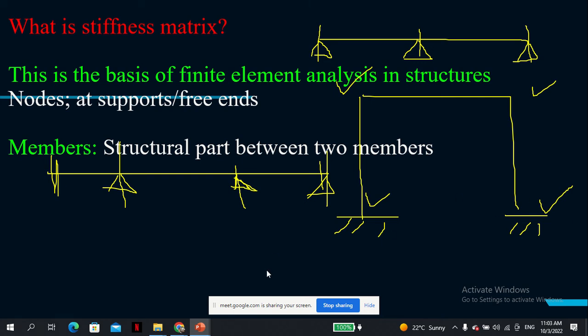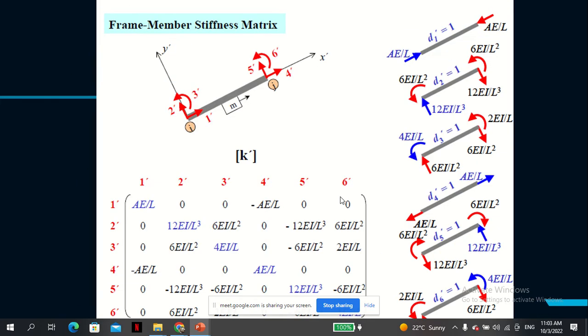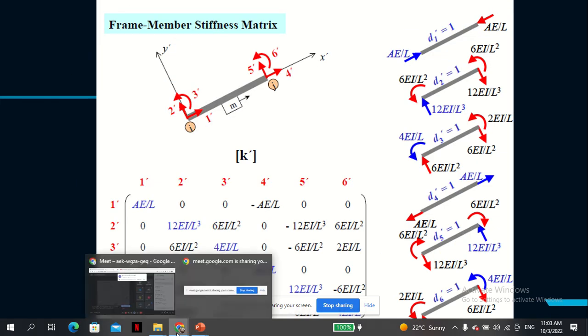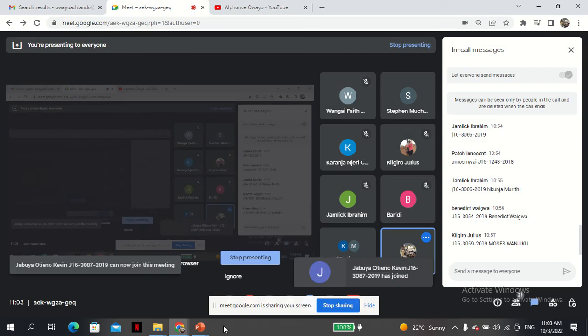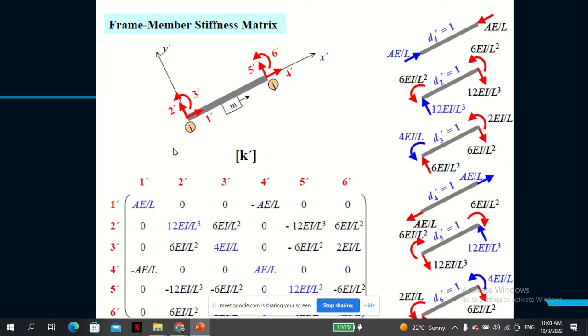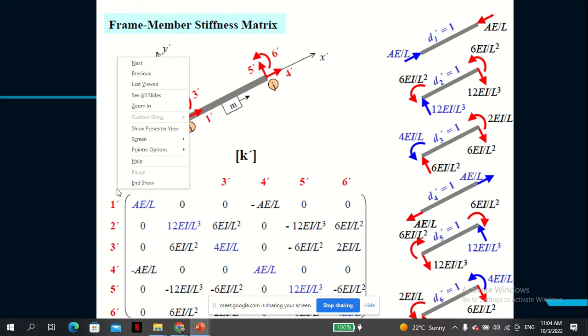So I need us to go slowly. The first element, in whatever orientation, because the stiffness matrix is useful even if, for example, the structure is not vertical.